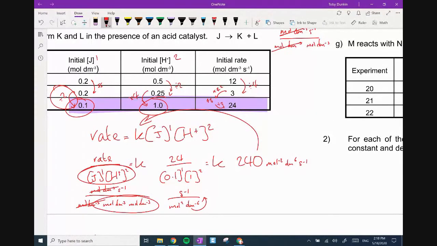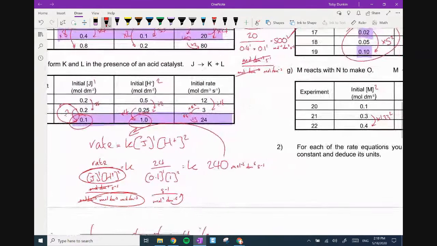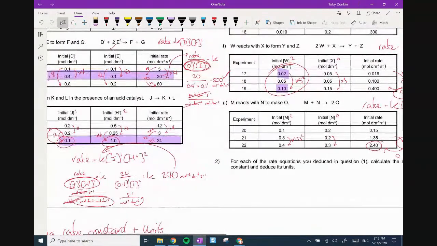So 240 multiplied by brackets 0.1 to the power of 1, close brackets, multiplied by brackets 1 to the power of 2. And I get the answer of 24. It helps you get used to using your calculator as well. So I know that that's correct, and my units are good too.